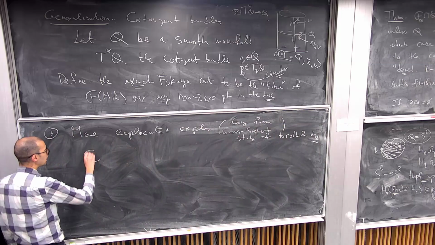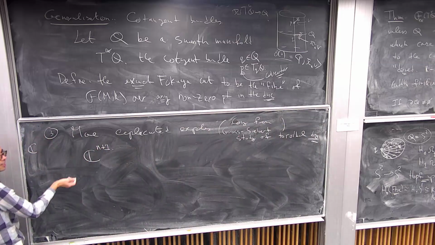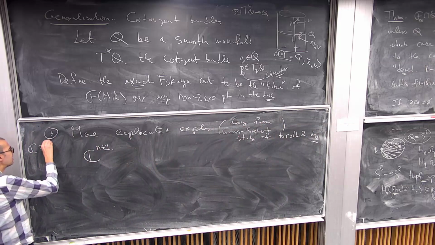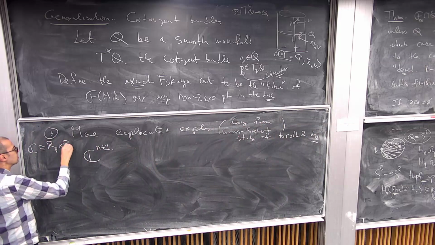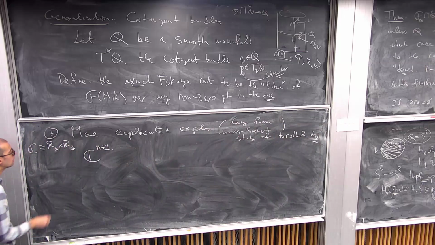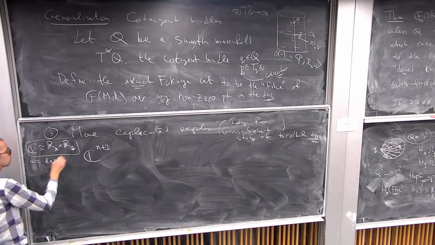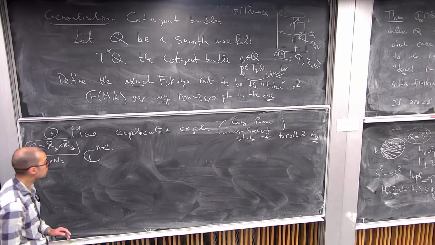So I'm going to look at C to the n plus 1. Okay, so C is basically R times R. Maybe we use X and Y, and then we use the symplectic form, omega equals dx wedge dy. When I write the complex numbers, that's what I mean.